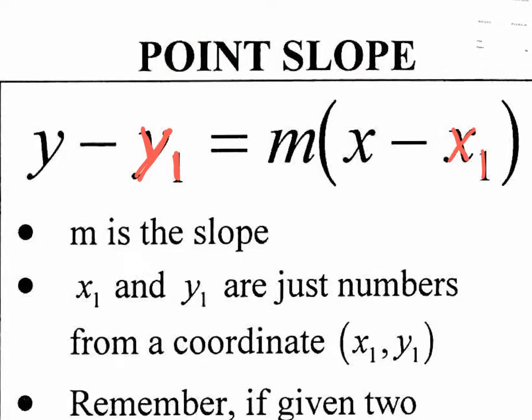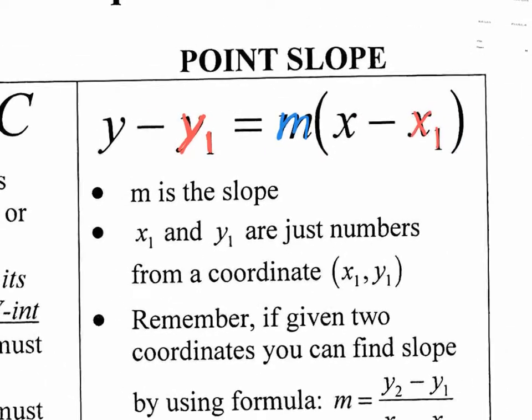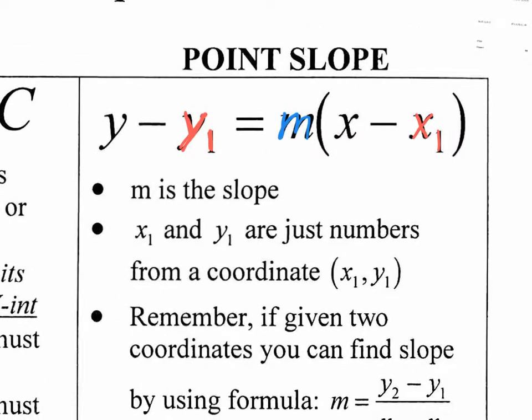And how about slope? Well, you could also see the slope. The slope is out here right in front of the parenthesis. So if it looks like y minus y1 equals m parentheses x minus x1, you could actually see the point right here, and you could see the slope right here. So that's why they call it point-slope form.